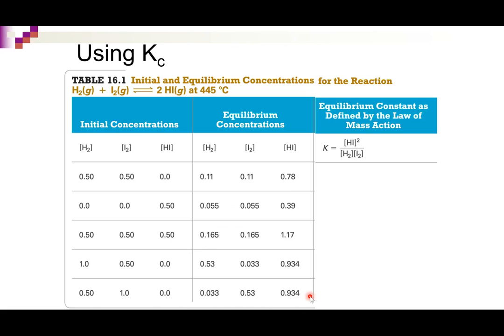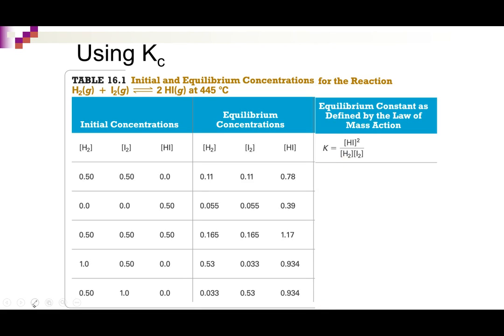Just glancing at the numbers on this table, it doesn't really look like there's any pattern, rhyme, or reason to it. But if we were to calculate the K value for each of these trials, what we would find is that the K value should remain constant. So how would I find what K is?